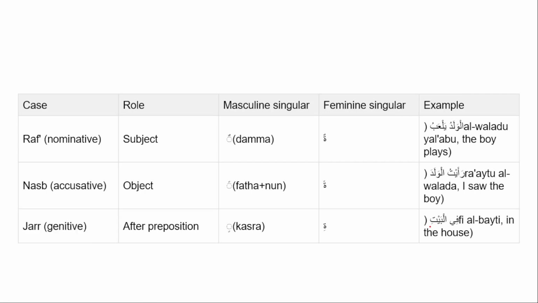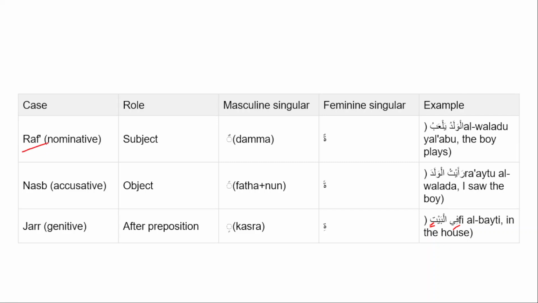So when we have this kind of preposition, the next word would be in jarr. Jarr is basically what we call kasra. It's not like fi bayta or fi bayto, it will be fil-baiti.